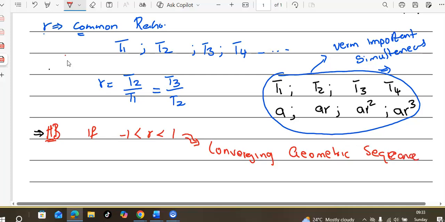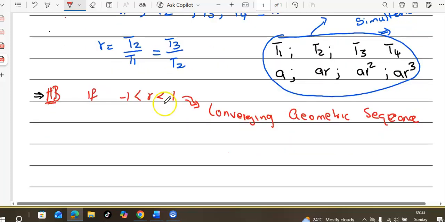So in an exam, they'll ask you, is this series converging? Then you're going to check what is the value of R. Most of the time, you'll find that R is a fraction like 1 over 2, 1 over 4, 1 over 3. Okay? Then, if this is the case, this is an if statement, then we can find the sum to infinity.